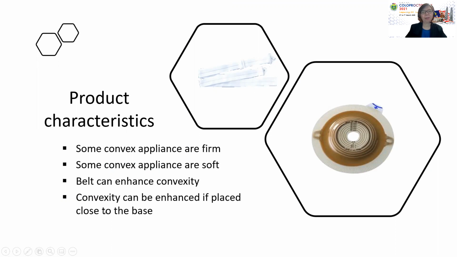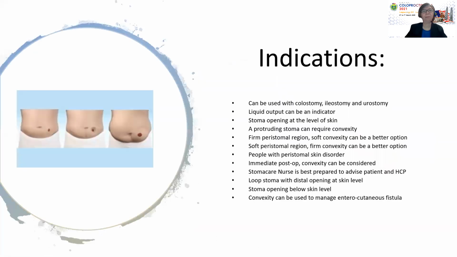Convexity can also be enhanced if it's placed near to the base. If the patient has a stoma that is pointing to the skin, you have to put the convex ring very near to the skin. So that means you don't need to use an additional seal over the lowest area.